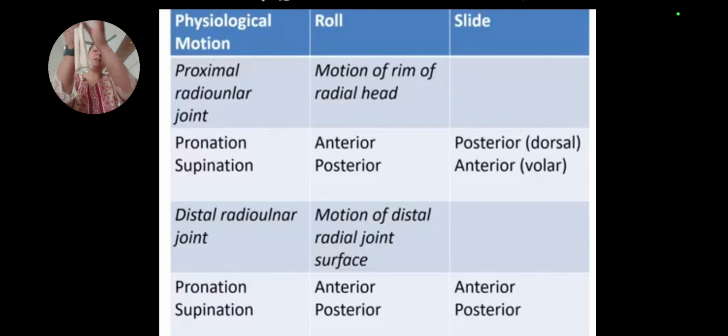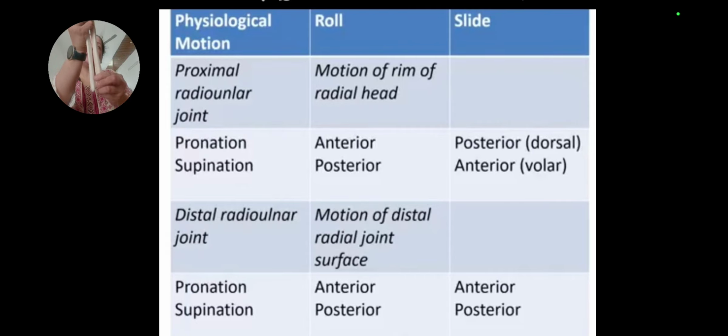Now what is happening at the distal radio-ulnar joint is, you see this, the radius has what is called the ulnar notch. The ulnar notch is concave, whereas the articular surface of the ulna is convex.